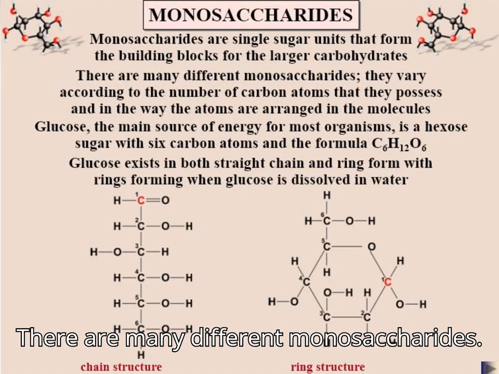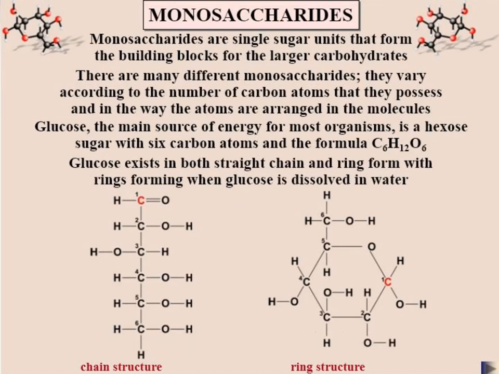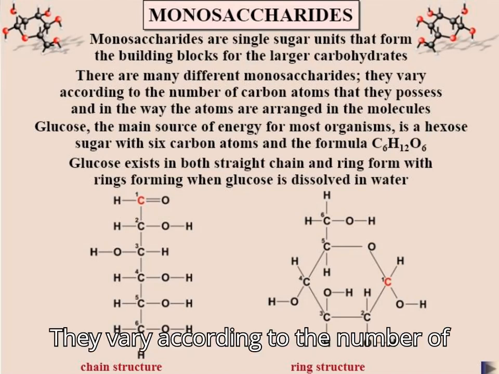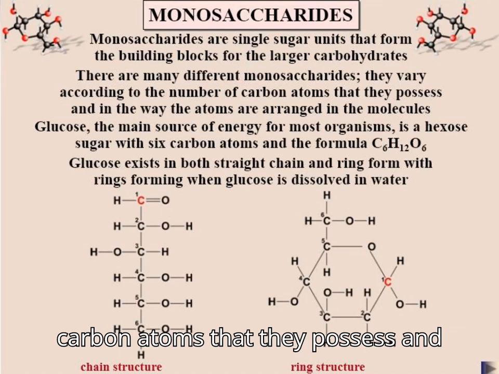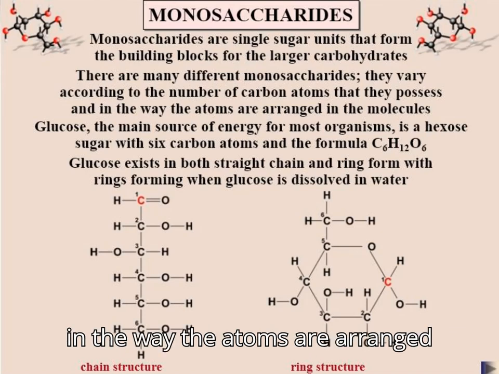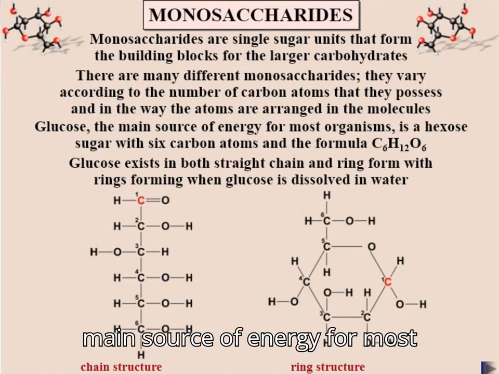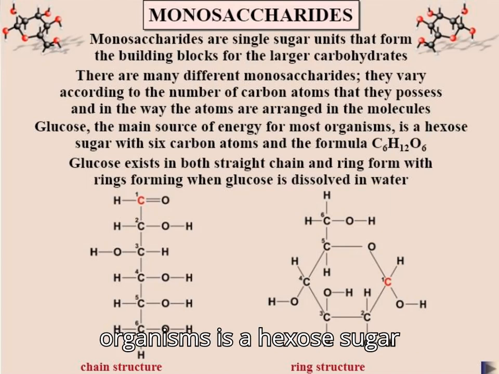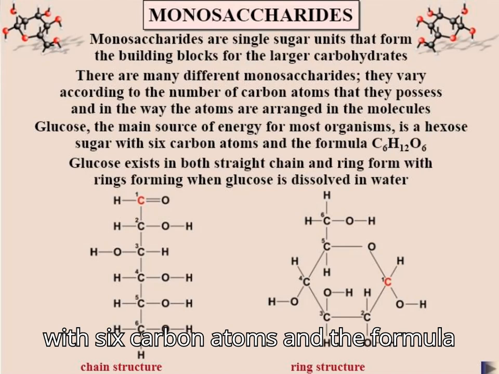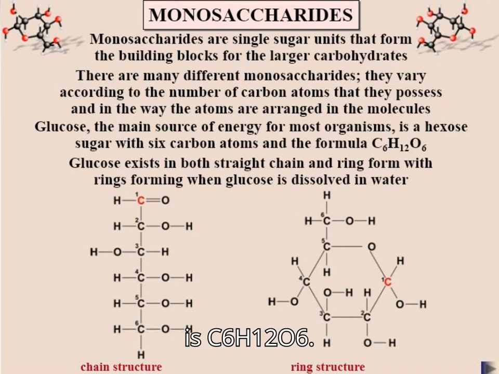Monosaccharides are single sugar units that form the building blocks for the larger carbohydrates. There are many different monosaccharides. They vary according to the number of carbon atoms that they possess and in the way the atoms are arranged in the molecules. Glucose, the main source of energy for most organisms, is a hexose sugar with 6 carbon atoms and the formula is C6H12O6.